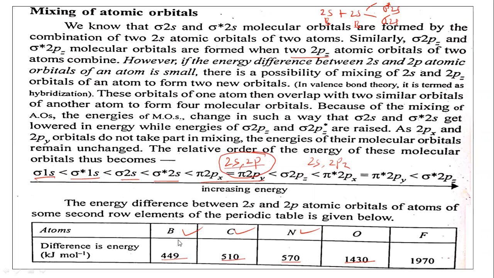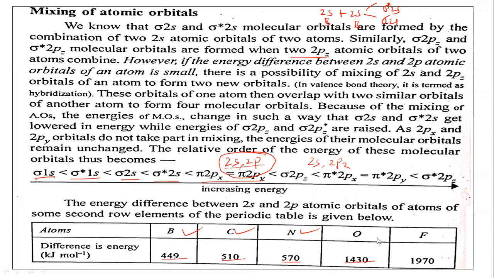Hence the molecular orbital diagrams of these three molecules are different from the oxygen and fluorine molecules. In oxygen and fluorine molecules there is no mixing of the atomic orbitals, while in boron, carbon and nitrogen molecules there is a mixing of the atomic orbitals.